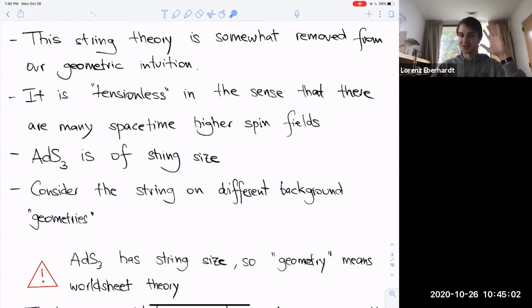This is something that is still well defined. If you have some target space geometry that is big, then it corresponds to some worldsheet theory. But even if you have some very low number of fluxes, you can always talk about the worldsheet theory. So what I want to do is to describe the worldsheet theory of these different sort of locally AdS3 backgrounds, and then perhaps sum over them to get some boundary partition function.